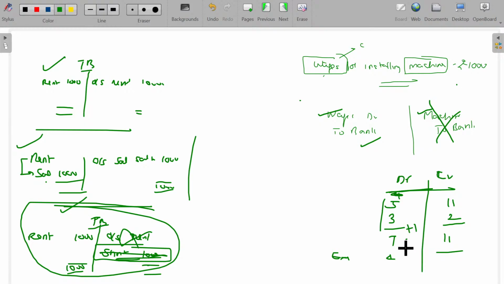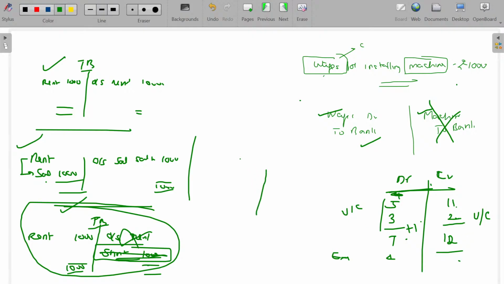Actually, it should be 8, so they have undercasted. Credit side, 11 plus 2, maybe 12. Okay, 11 plus 2, 13, but they have shown only 12. Here, also undercast by how much? 1. Debit side also, there is an undercasting. Credit side is also undercasting.